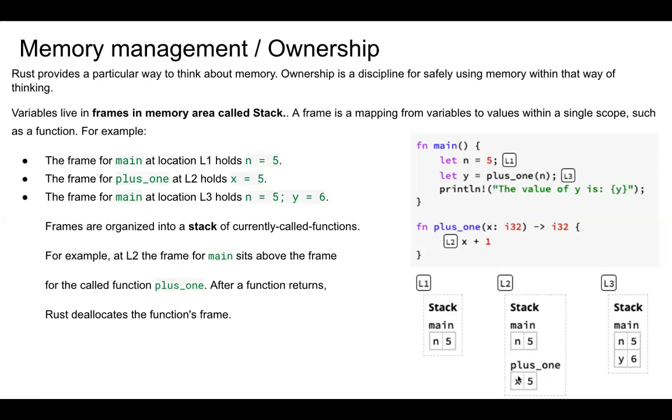But the memory that was allocated for plus1 is deallocated. Rust does this deallocation on its own. We don't have to call any method to free the memory area. Rust deallocates the function frame once its execution is over or it goes out of scope.